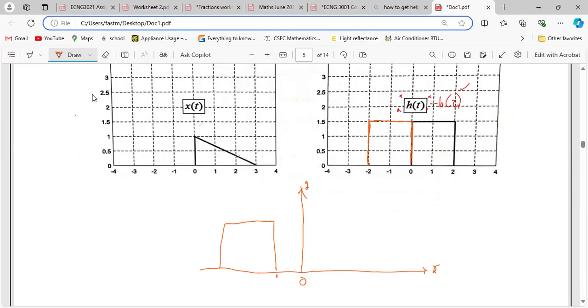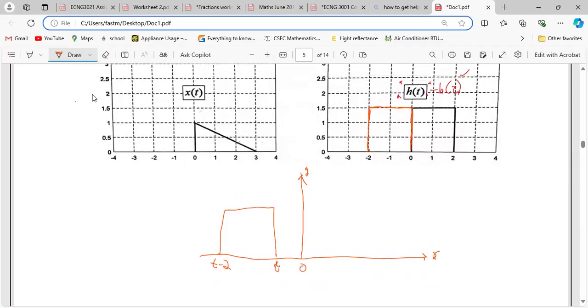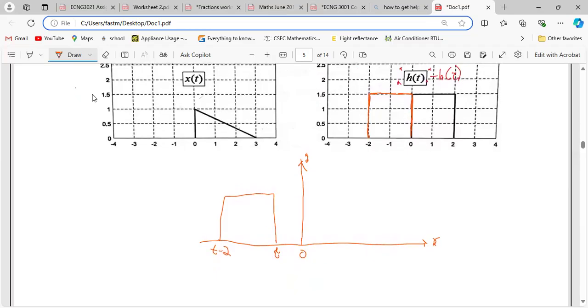So you let this be t, because it already adds 0, and this is t minus 2. You can say t minus tau, because it already adds 0. So you don't really need to do much with it, it doesn't use any points to get wherever you're sliding it. So that is fixed already for you.